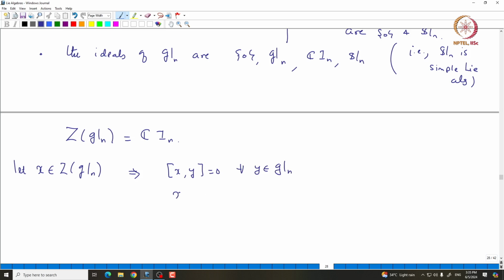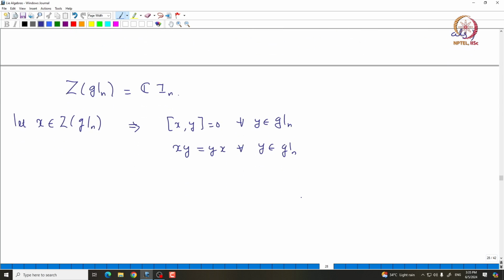That means x and y commute for all y in GL_n. Since we are working over complex numbers, we can make use of eigenvalues and eigenspaces. So, let us say that we want to prove x is nothing but some lambda times identity. That means it has exactly one eigenspace with eigenvalue lambda.